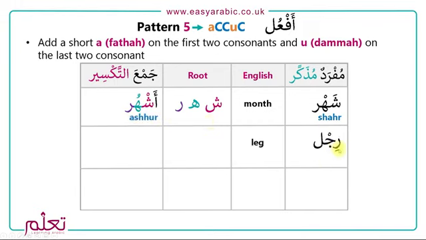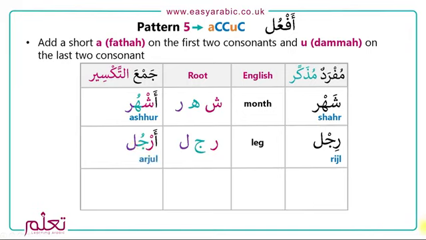Next one is rijl, which is leg. We have the ra, jim, and lam. Here we're going to have alif with the fatha, so a. The ra is going to have a sukun, and then the jim will have the damma. So it'll be arjul, arjul.